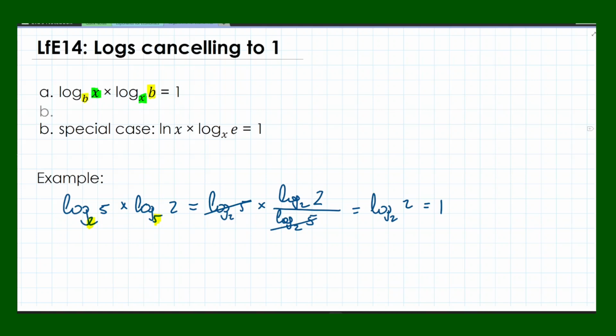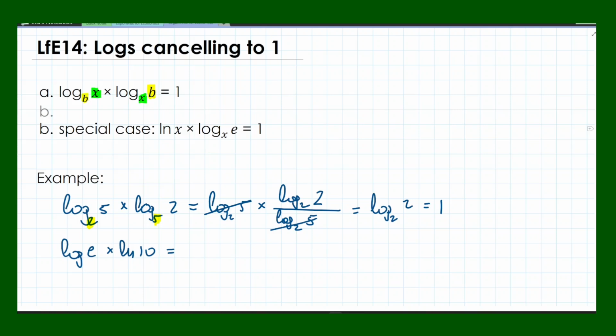Let's look at a slightly different example. So if I have log e and I multiply that by ln 10, what's happening in here? Well, log in mathematics is base 10. And ln in mathematics is base e. So what I notice is that this multiplication follows the same logic. I switch the base and the argument of the first log in the second log.